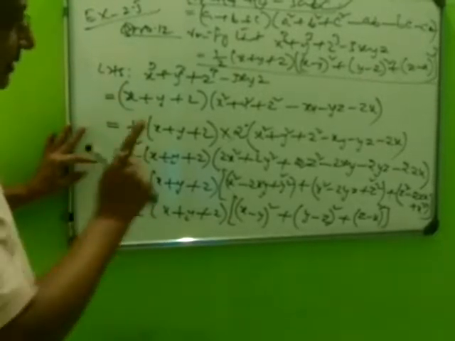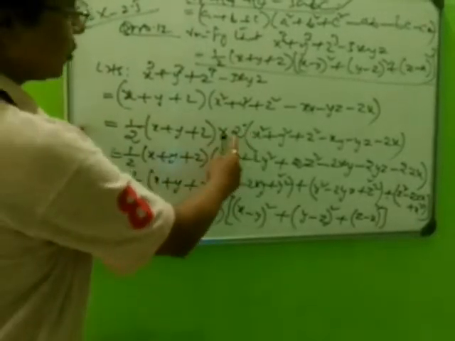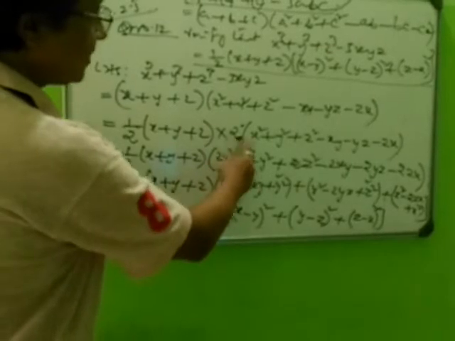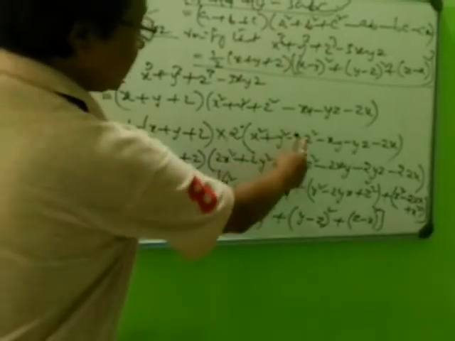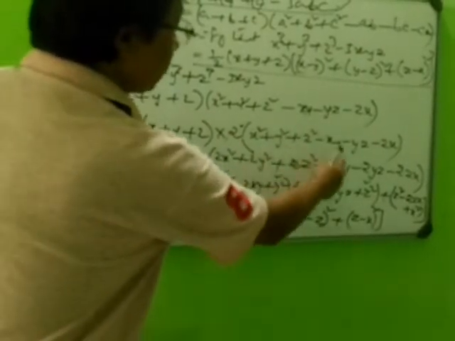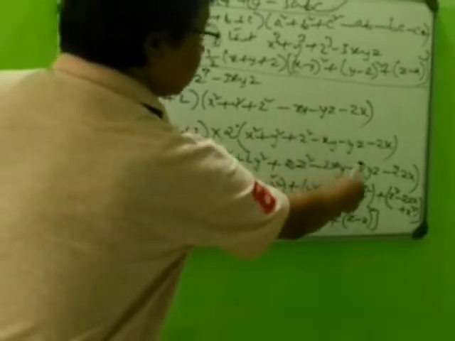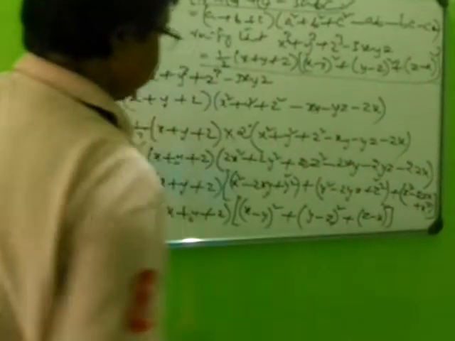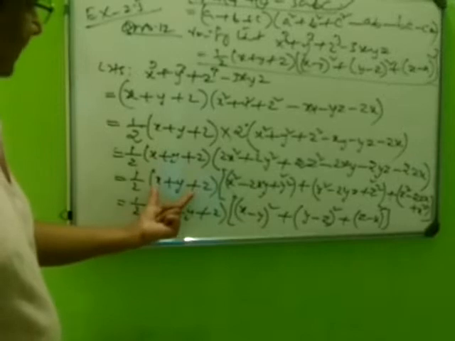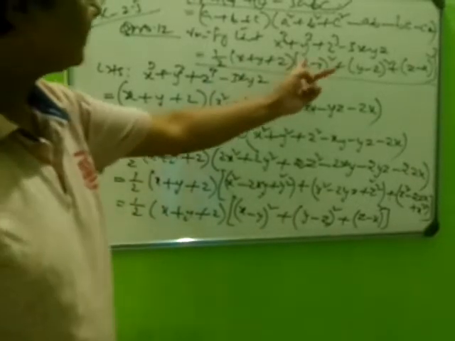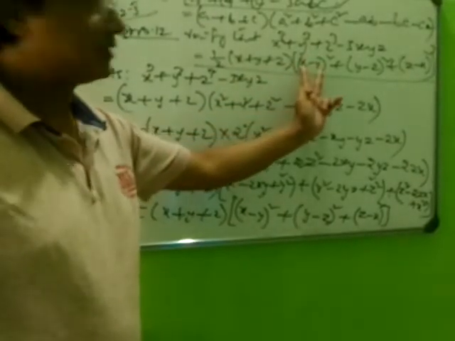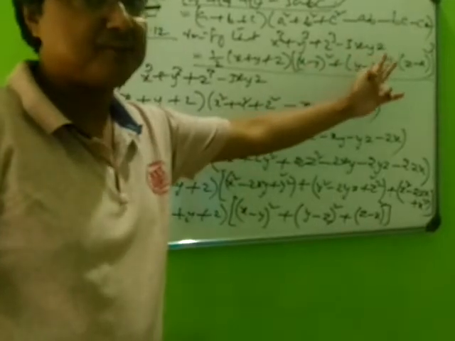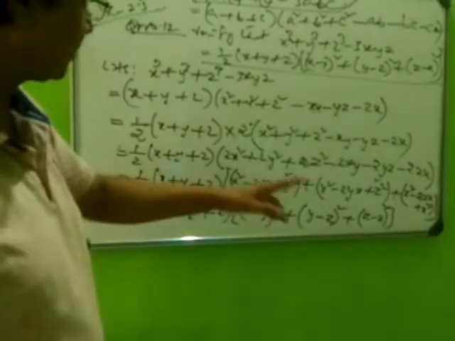But you will not cancel. So now you are going to multiply. So twice x square, twice y square, twice z square minus twice xy, twice yz, then twice zx. Now this is kept the same. Then just expand all these three using the formula a minus b whole square.